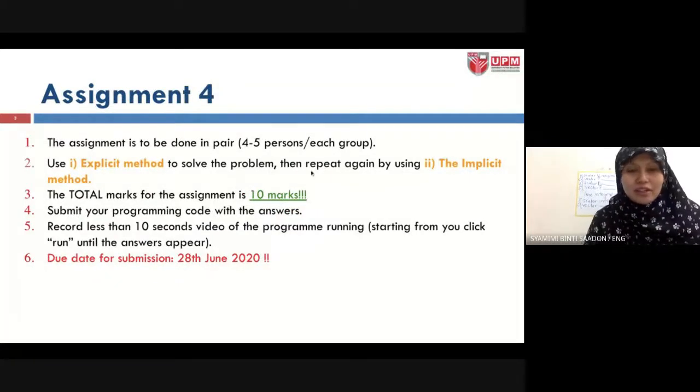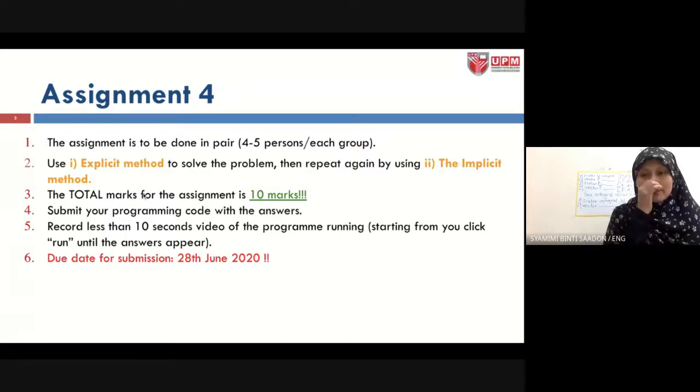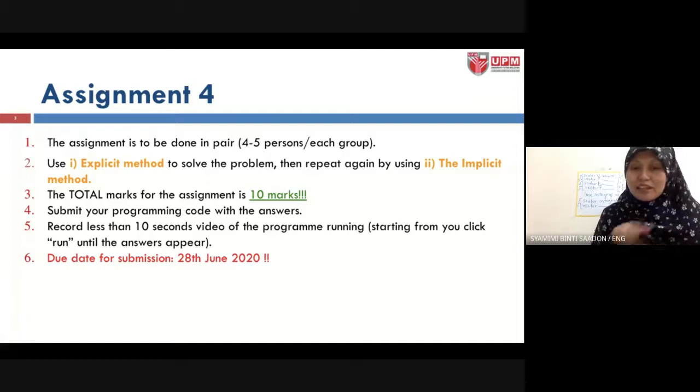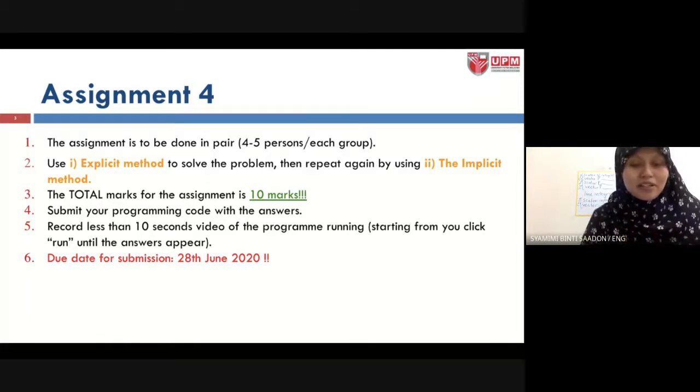The instructions are the same, just number 2 is different. Use the explicit method to solve the problem, then repeat using the implicit method. So you have to solve it with the two methods, explicit and implicit, given in the slides of the previous chapter 4, and the rest is the same.